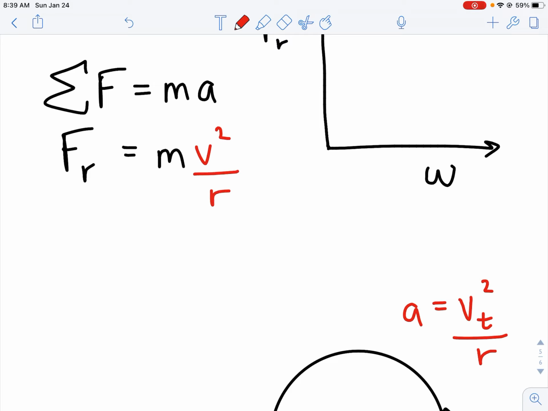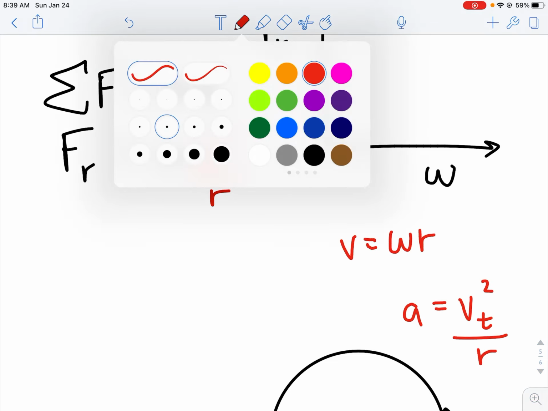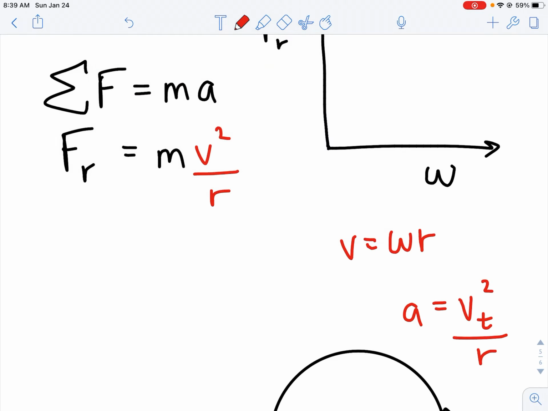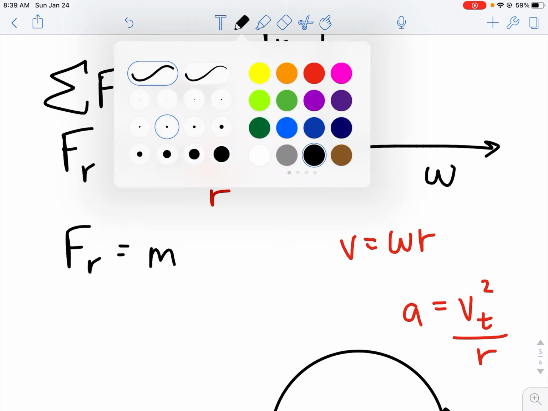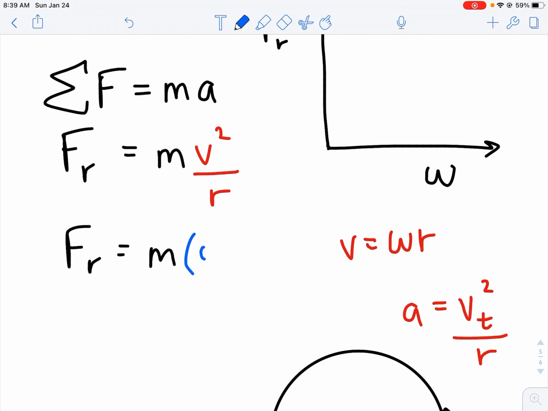Now, the velocity at which you're traveling depends on two things. It depends on your angular speed, how fast you're rotating, and how far you are from the center, omega r. So we can actually replace v with omega r.